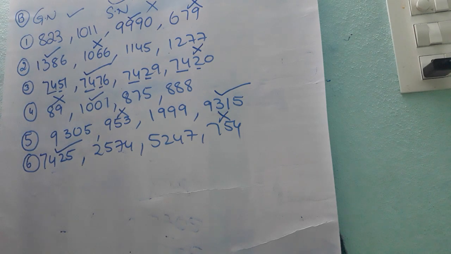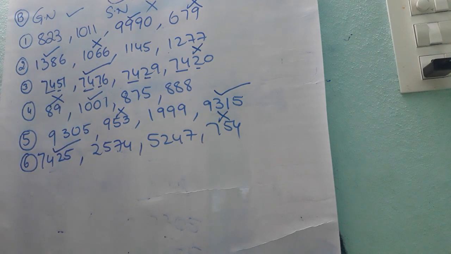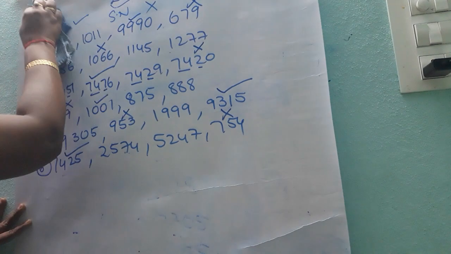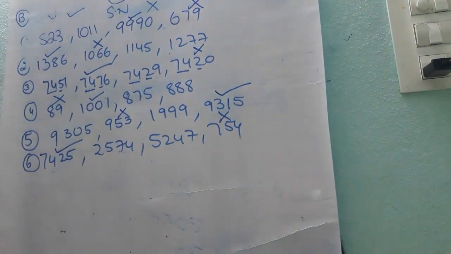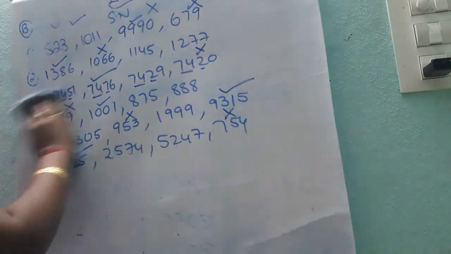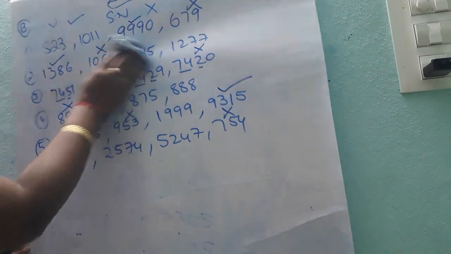Okay, children. See the third Roman, C Roman. Arrange in descending order. How you will arrange them in descending order, I will tell you.